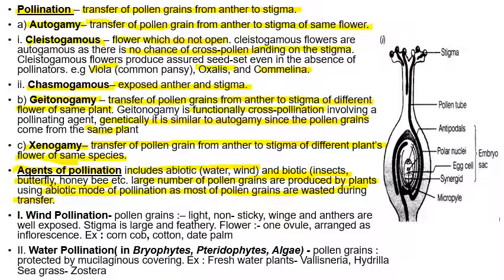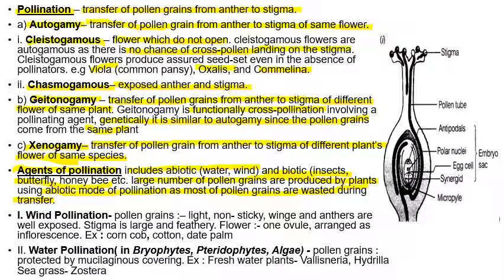So agents of pollination, either abiotic or biotic, help pollen grains reach the stigma, but pollen grains are formed in large numbers because most are wasted during this transfer, to compensate for the loss.